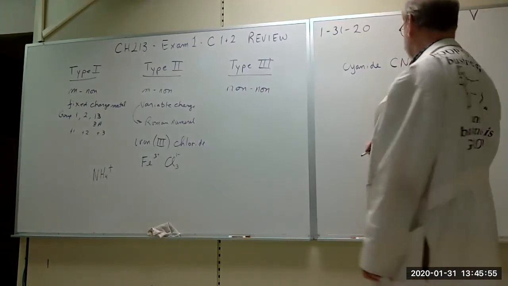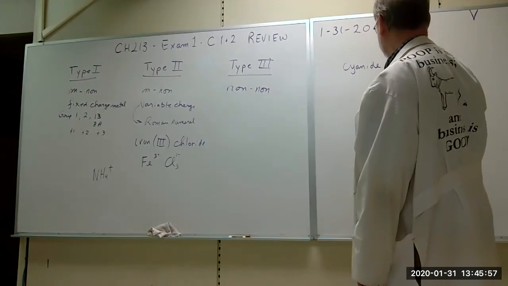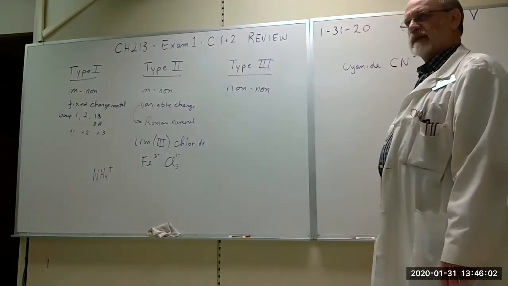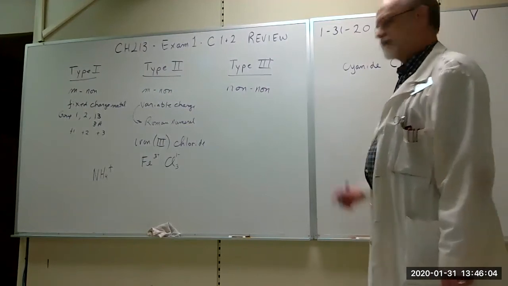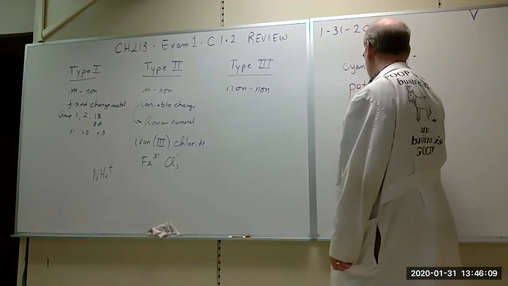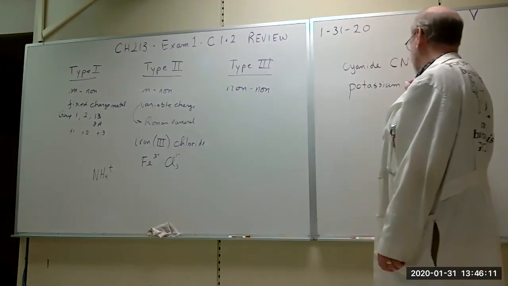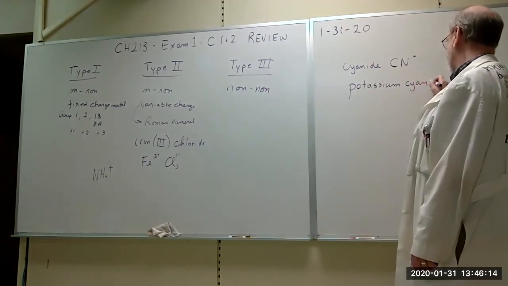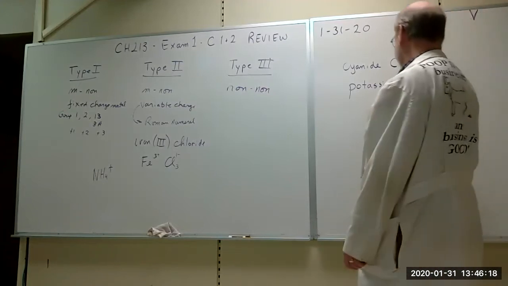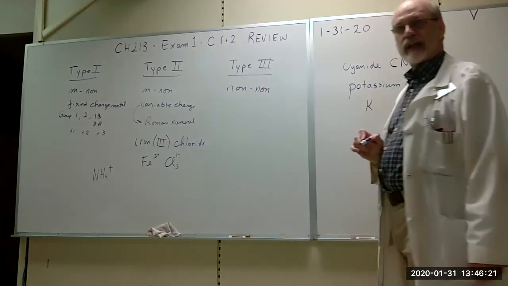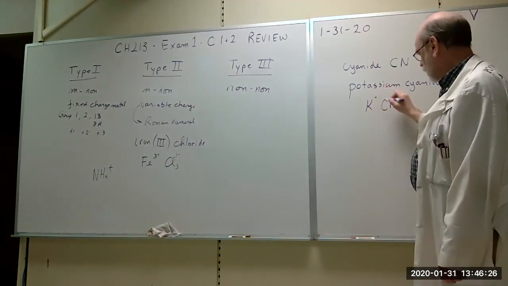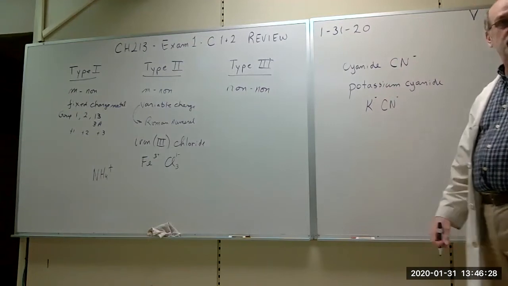So we could make, let's see, what's the favorite suicide pill? Potassium cyanide. So potassium is K, and then your cyanide. Then we check the charges. That's 1+, that's 1-. That's it. We're done.